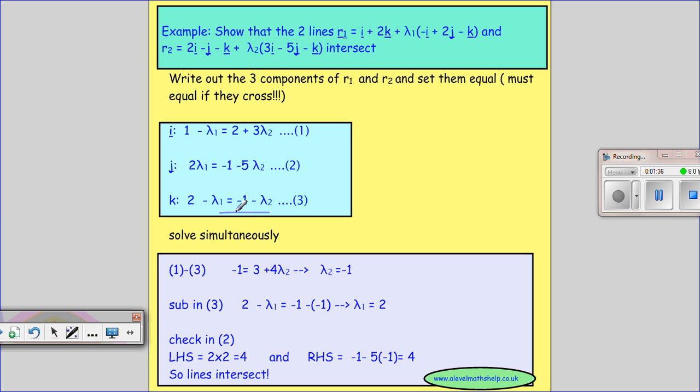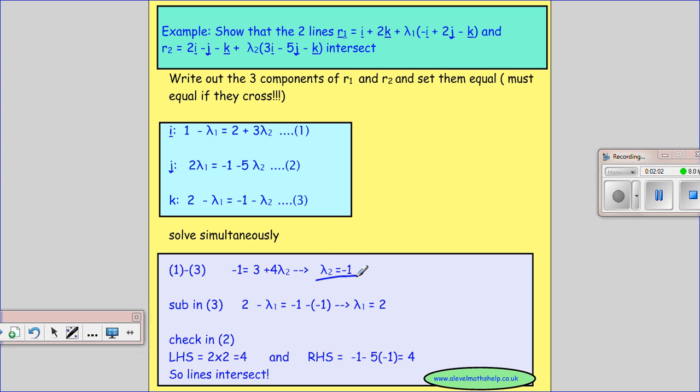So just looking, I can see with 1 and 3, if I take 1 take away 3, that cancels out the lambda 1. So 1 take away 2 gives me minus 1, minus lambda 1 minus lambda 1. Lambda 1's disappeared. 2 minus 1 gives me 3, and 3 lambda 2 minus lambda 2 gives me 4 lambda 2.